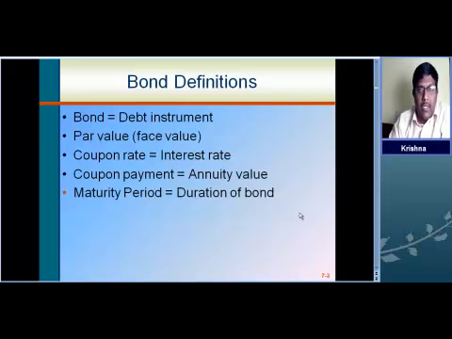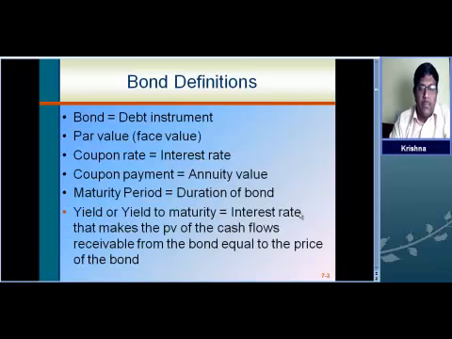For example, the duration of the bond is 10 years, but the investor purchases the bond at the end of the 7th year. Then for the purpose of calculation, we have to take the maturity period as 3 years only. That is the balance years left to maturity that we have to take.